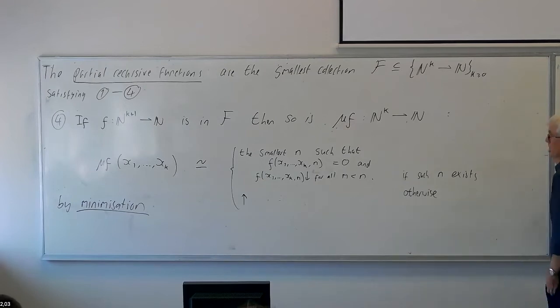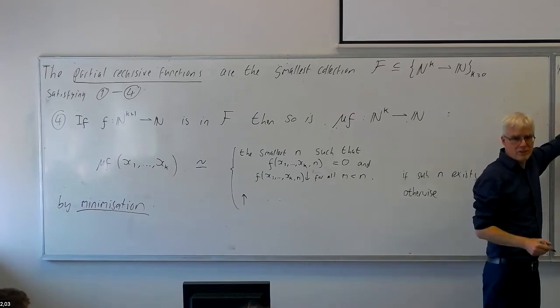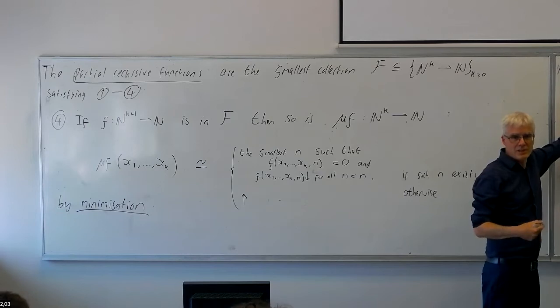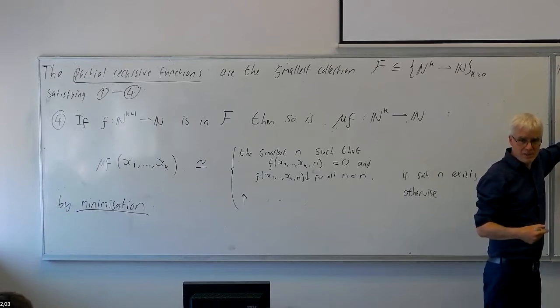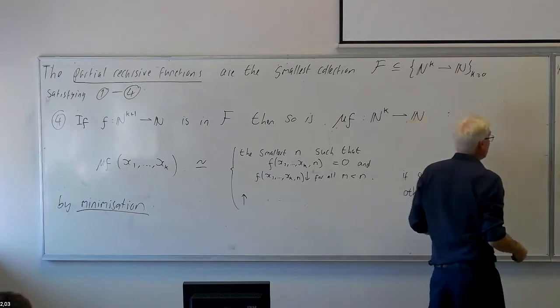So let's just do an example of a partial recursive function. And I'm just going to give a very simple example. So we've already defined addition as a primitive recursive function. So clearly any primitive recursive function is partial recursive because we've given ourselves some extra power over primitive recursion.